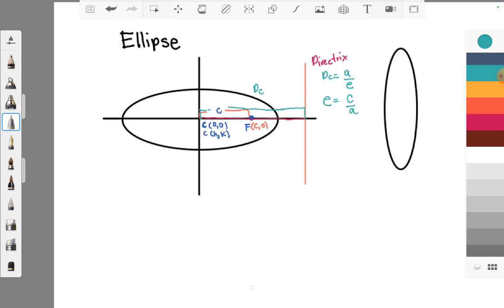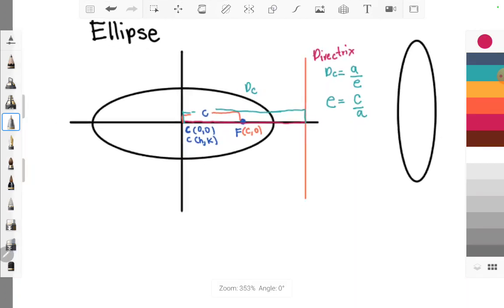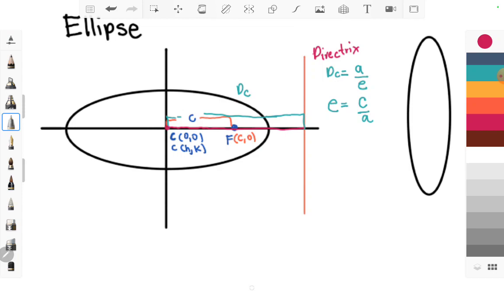Next is the length of our major axis. Since I am dealing with the first half of the ellipse, let's call this our semi-major axis. The semi-major axis is the length from the center to the point of our vertex. This is our a, so we may call the semi-major axis a, and the point is (a, 0).